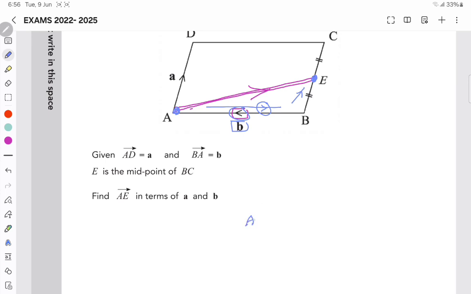So just write that from A to E, it will be negative b, followed by that, it has the same direction as the opposite one. And he said here, E is the midpoint of BC. So if that is a, then it will be a over 2, and that also will be a over 2. So that will be a over 2 in the same direction, and that is the final answer.